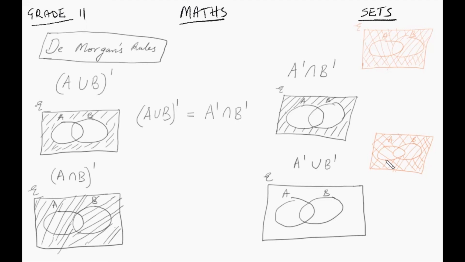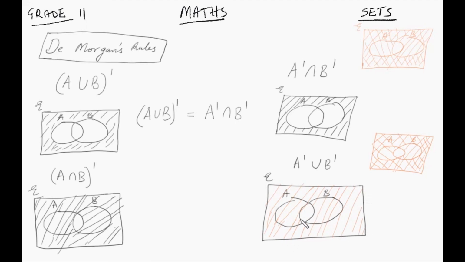Now, because it's union, we look at the region that has been shaded, whether single shaded or double shaded. So we are aware that the only region that is not shaded is this one. So that means we are going to shade here. Yes, that is that.